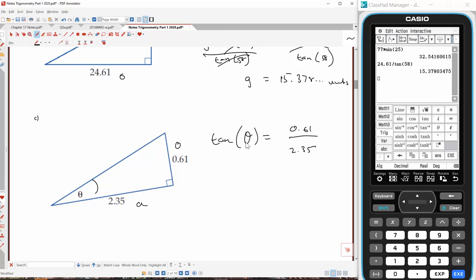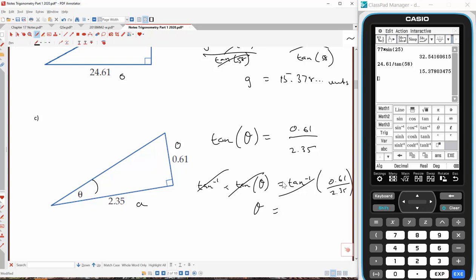I need to get theta by itself, and I've got this tan sitting here. The way we do it basically is we multiply both sides by the inverse. And what that inverse does here is it basically just chops out that tan multiplied by its inverse, leaving us with theta by itself, which is fantastic.